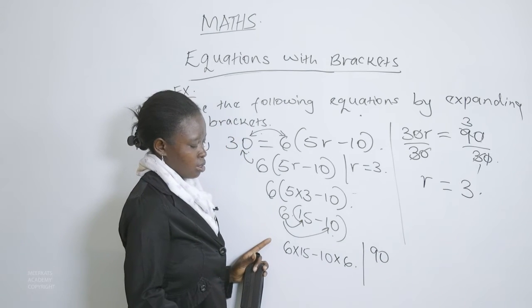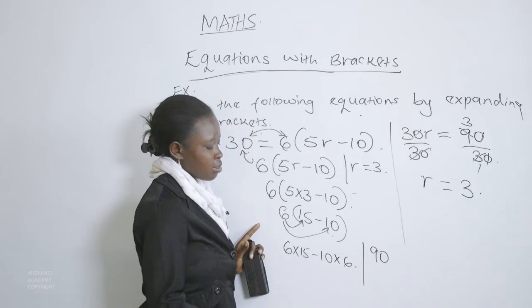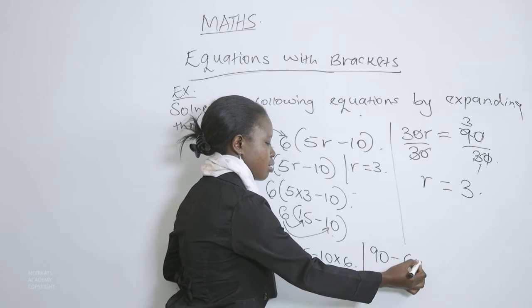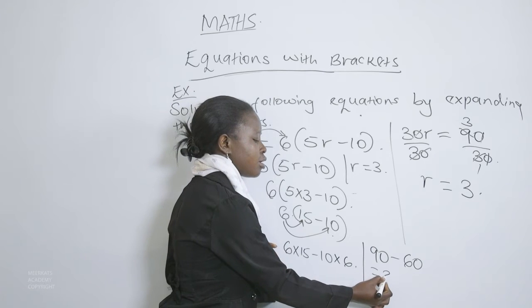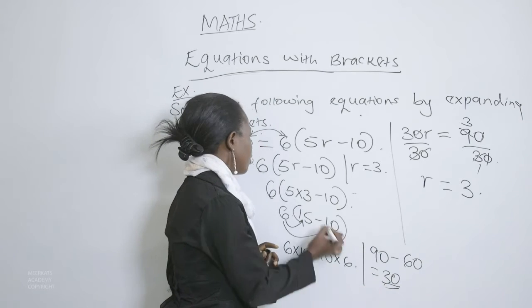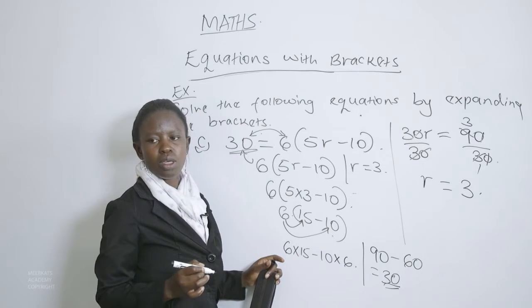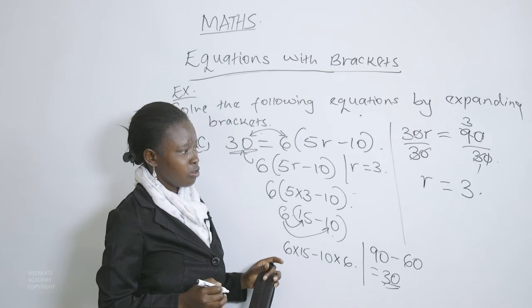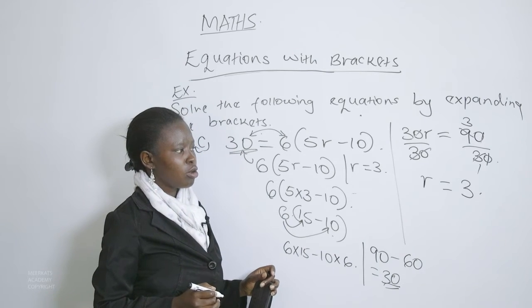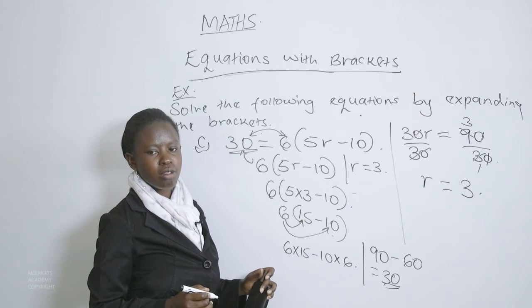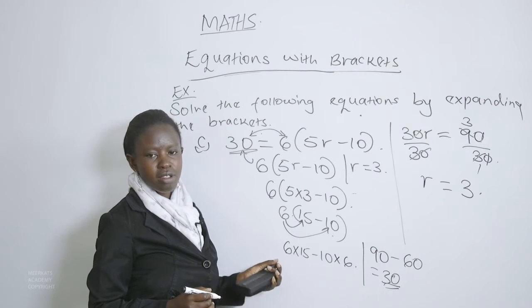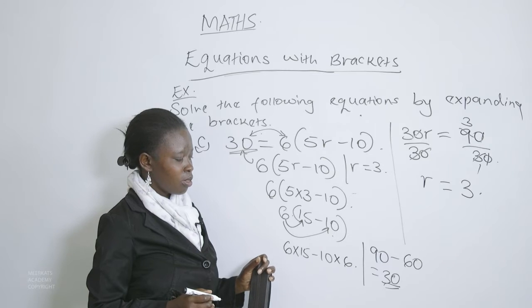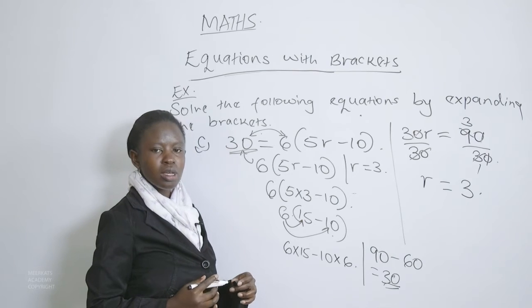Then 10 multiplied by 6 gives us 60. So 90 minus 60 will give us 30. And we confirm that 30 is the value that we have on the other side of the equation. So it is true, when our value for r is equal to 3, then 6 into 5r minus 10 will give us 30 as the solution of that given equation.